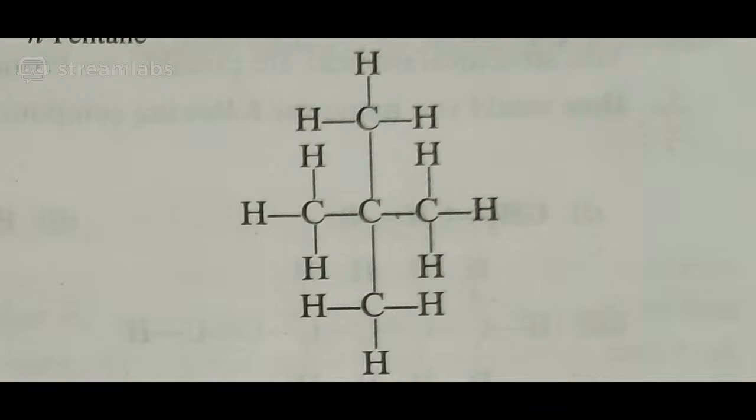Okay, exactly, it looks like a plus. Now the first line has 3 carbons and the second carbon undergoes branching on either side, and each branch shares a methyl group. Remember, CH3 is always represented as a methyl group.